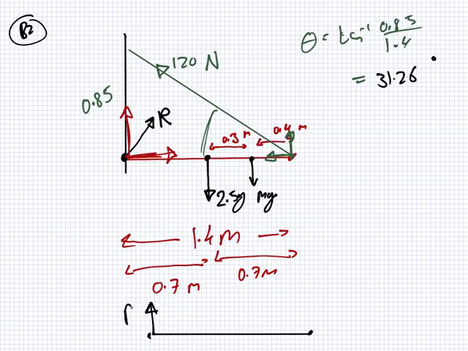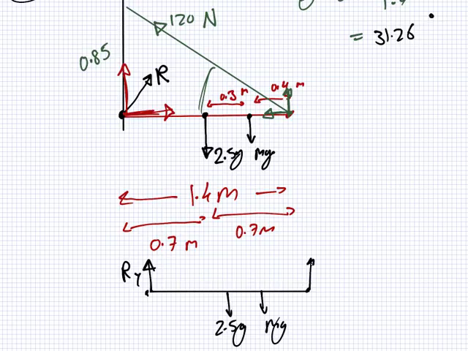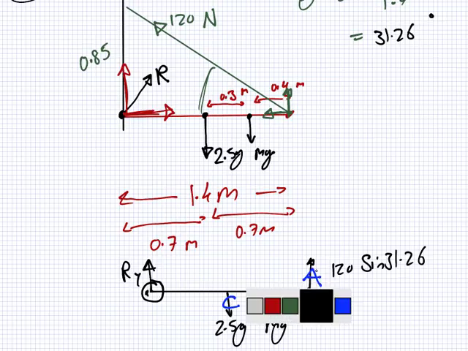So this we'll call RY, this 2.5g, this is mg, and this one here is 120 sine 31.26. I'll take this as the turning point. This is clockwise, clockwise, anti-clockwise.